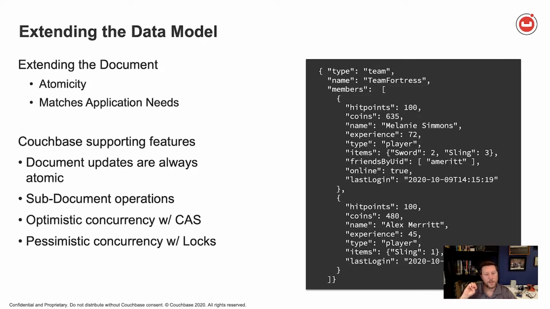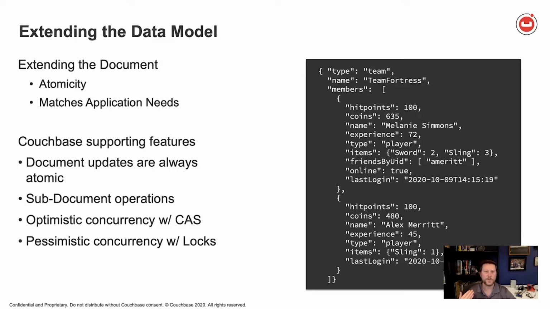So you can tell Couchbase, I would like to get a particular attribute out of the document. And it can do that in a very quick way. Maybe you just want to modify a particular attribute out of the document. We also have a couple of concurrency controls. One's an optimistic concurrency control, which is really kind of about dealing with a race with multiple users trying to modify a document.